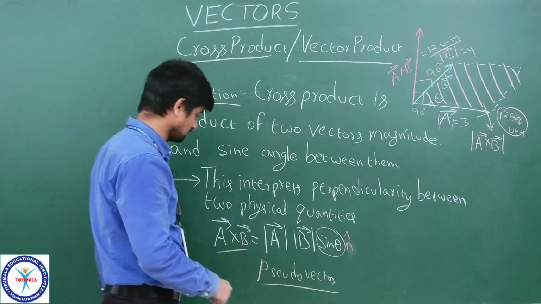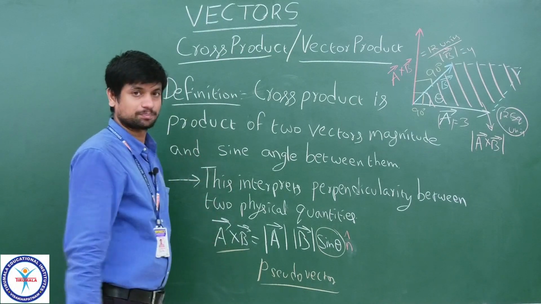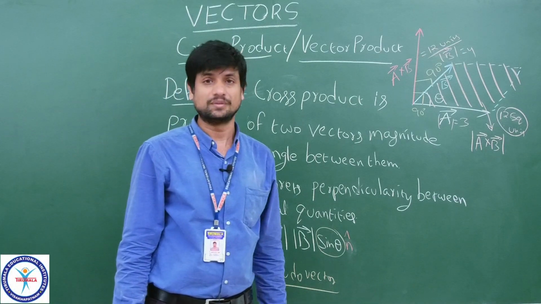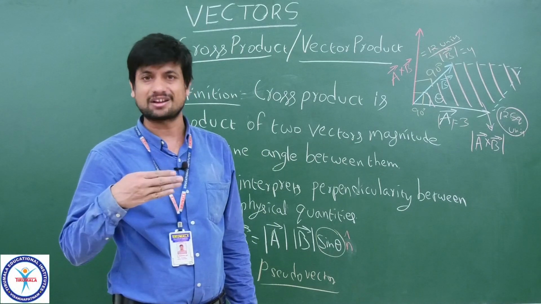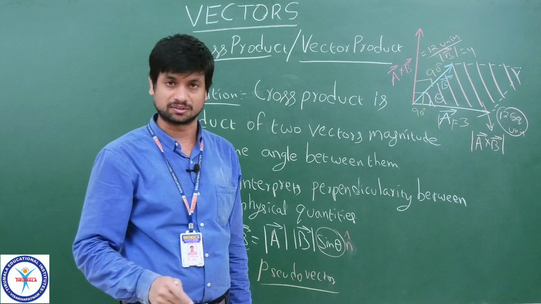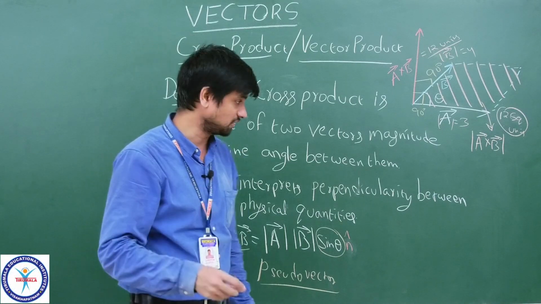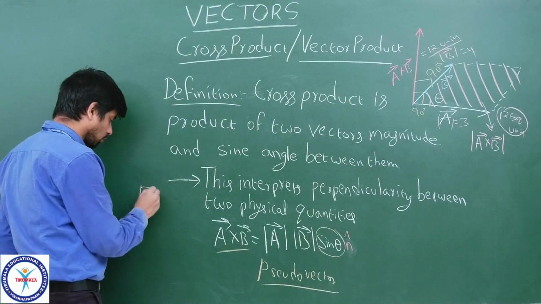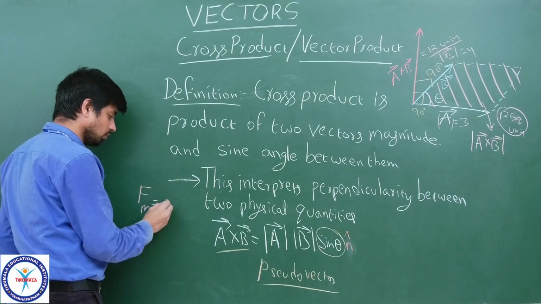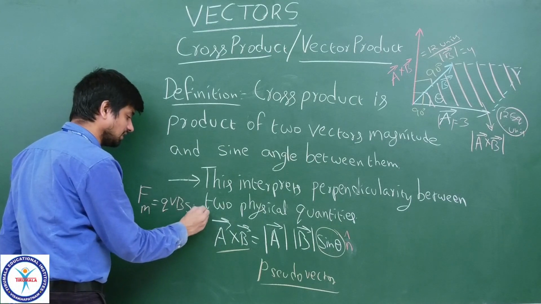Cross product interprets perpendicularity between two physical quantities. So whenever an electron moves in a magnetic field, if it is perpendicular to the field direction, then it experiences more force. That means magnetic force equals QVB sin theta.